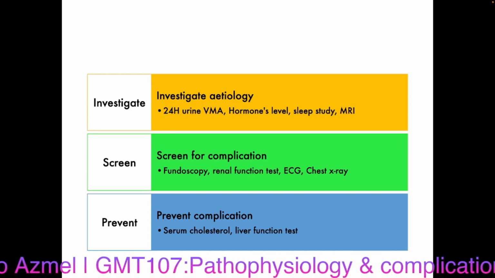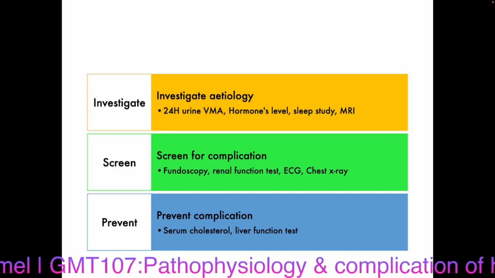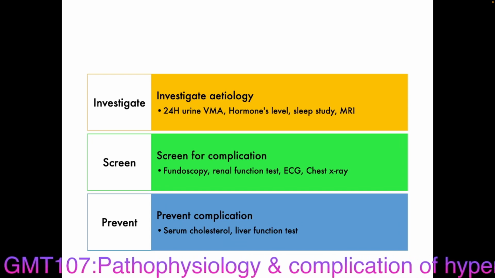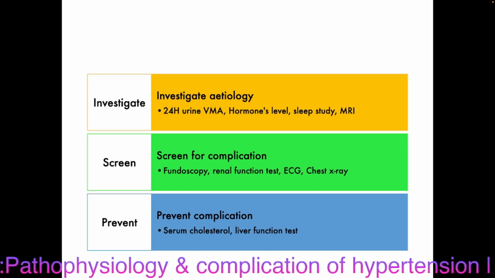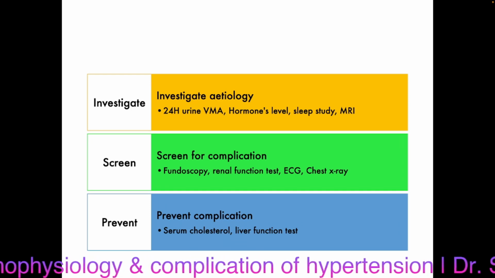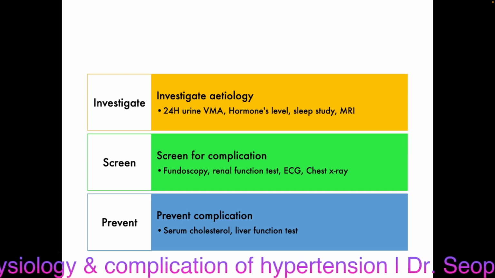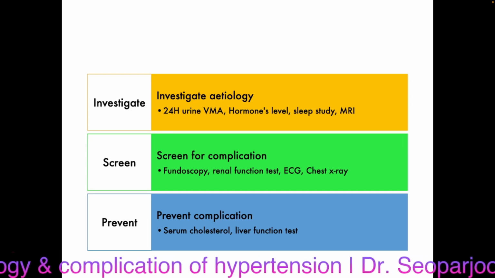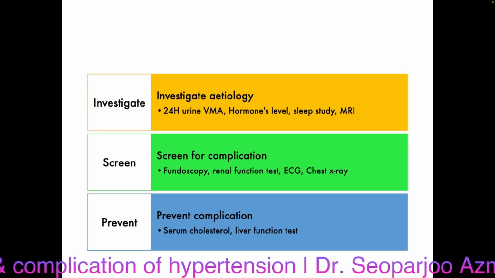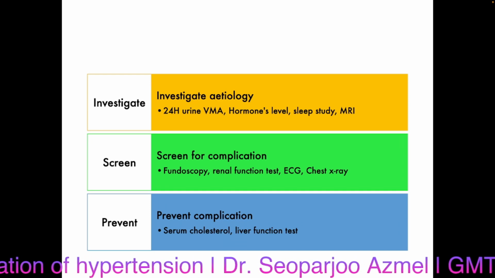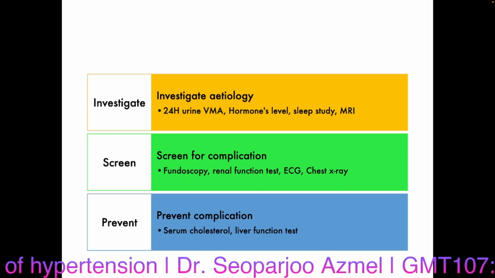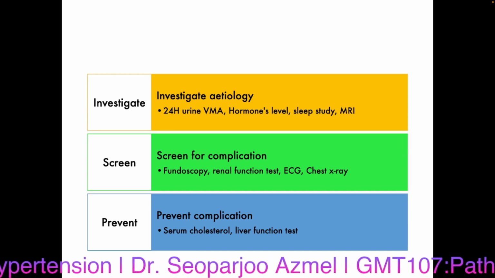Renal function test is to see if the hypertension affects the kidneys. ECG is to check the heart, and chest X-ray is also to see whether the patient has left ventricular hypertrophy.